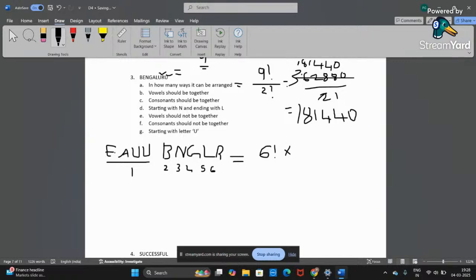So how many are there? 1, 2, 3, 4. 4 factorial. How many repetitions are there? 2 repetitions, right? Divide by 2. Tell the answer. The answer will be 8,640. In 8,640 ways, we can arrange the word Bengaluru with the vowels together.